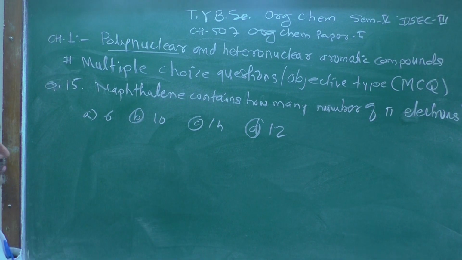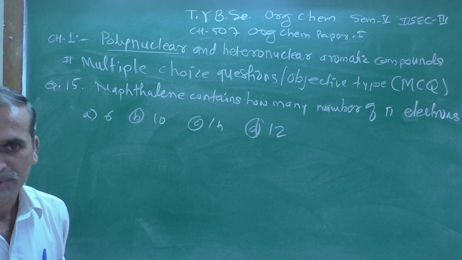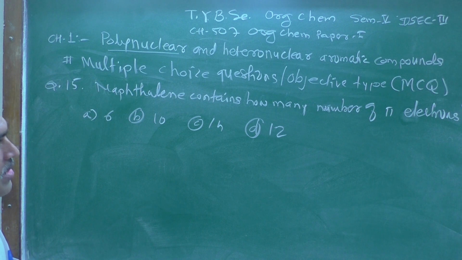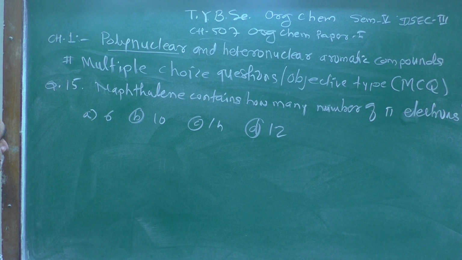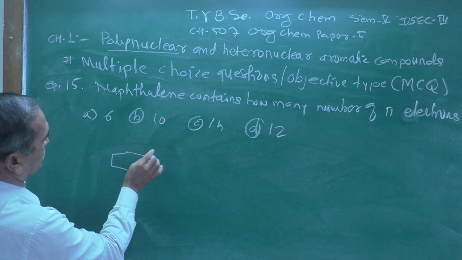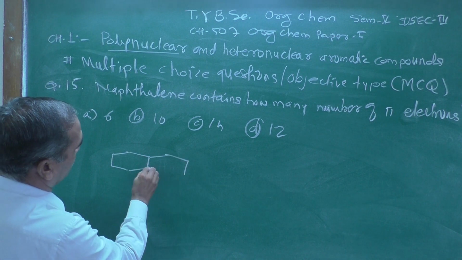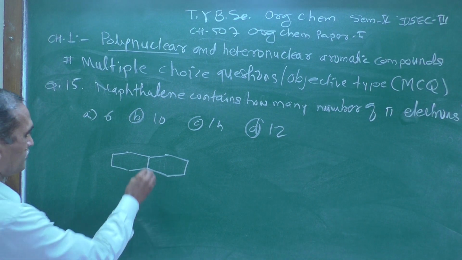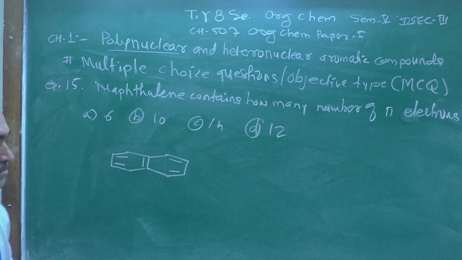Four options are given, four alternatives. Out of these four alternatives, you have to choose the correct one, or tick mark the correct one. First of all, I am justifying why the correct answer is what it is, by knowing the structure of naphthalene.